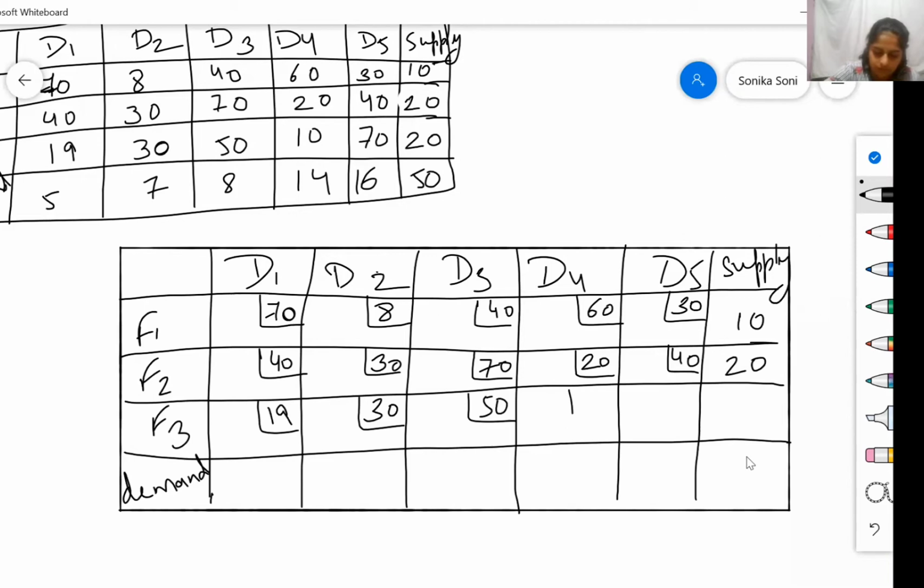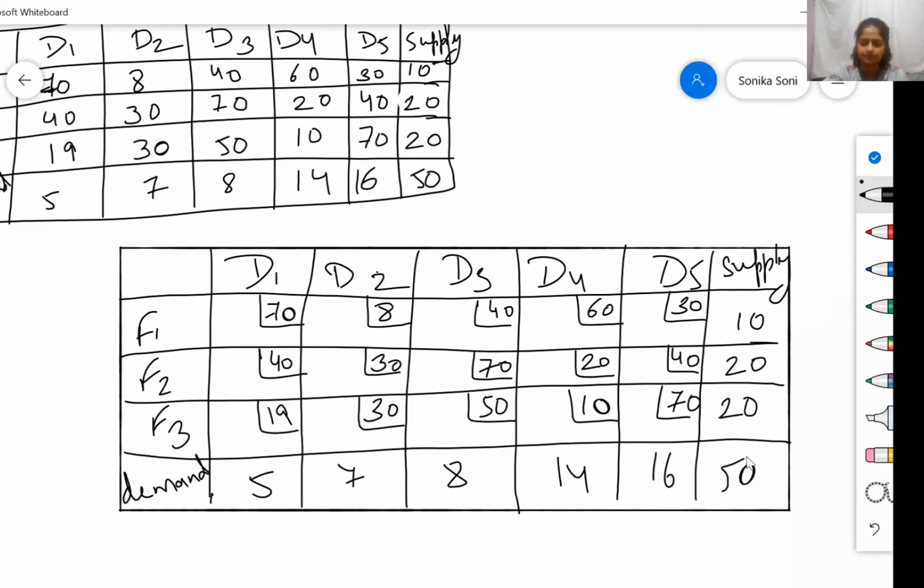After that we don't have to sit and search for which is the lowest one. Just the suggestion. 5, 7, 8, 14, 16, and as we already calculated, the demand is equal to supply, which is 50.